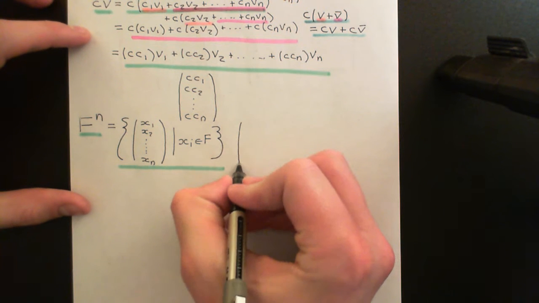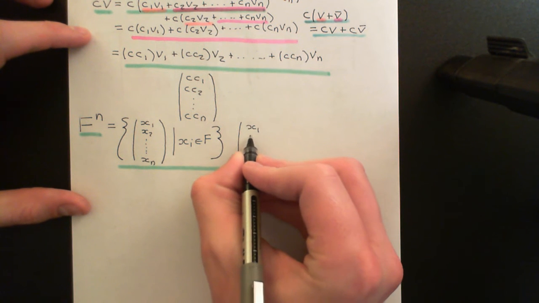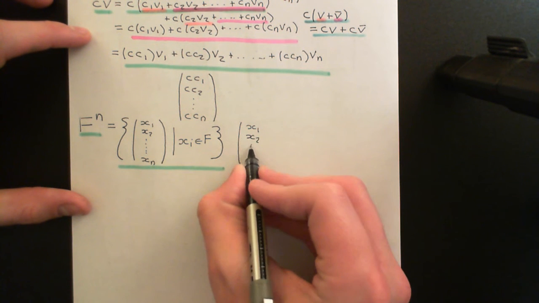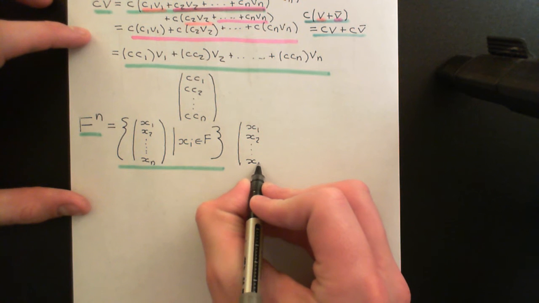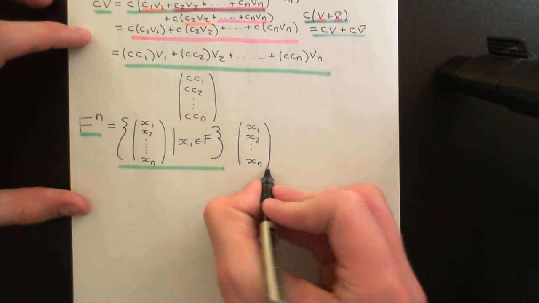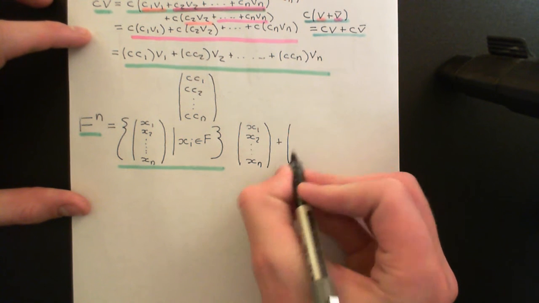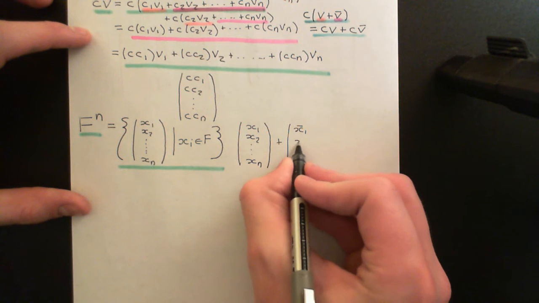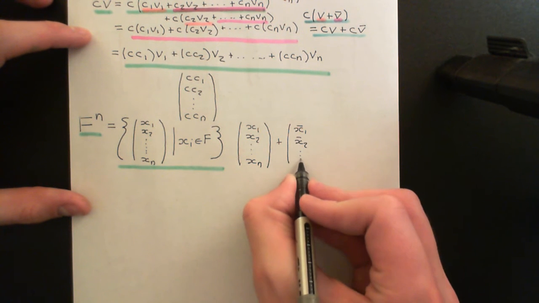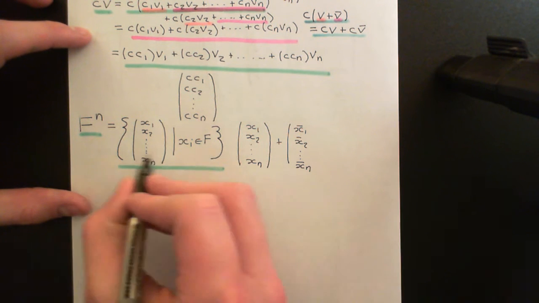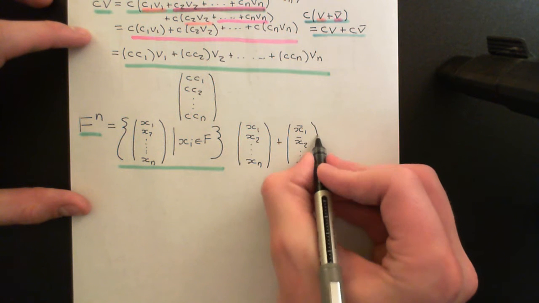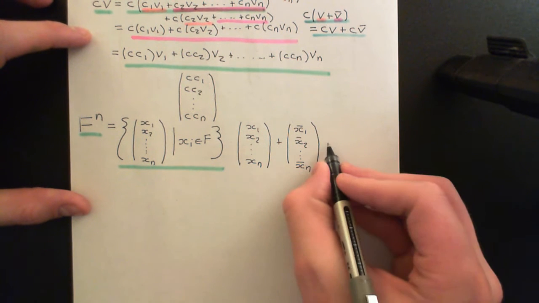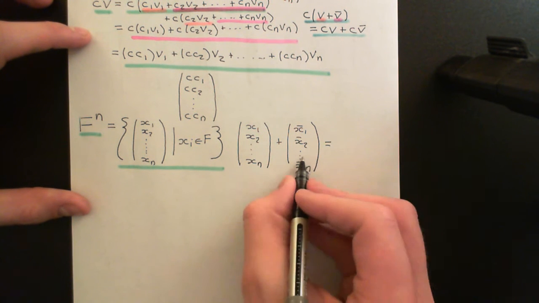Okay, and the way that we define addition on this is if we have two vectors, x1, x2, all the way down to xn, and another one here, x bar 1, x bar 2, all the way down to x bar n. So these are just two vectors from this vector space, and the way I'm going to define addition here is the addition of this symbol with this symbol.